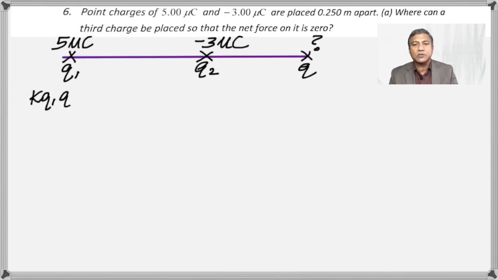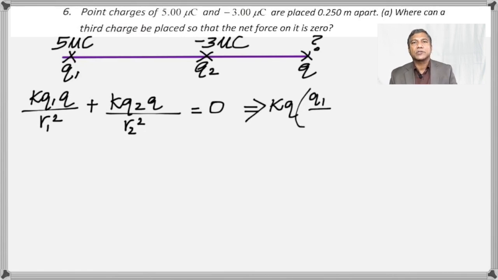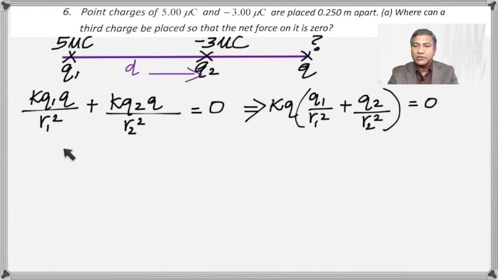So we just need to set those two forces to be equal to each other, or set their sum to be equal to 0. So the total force must be 0. So that's what I've done here. I've set the total force to be equal to 0.